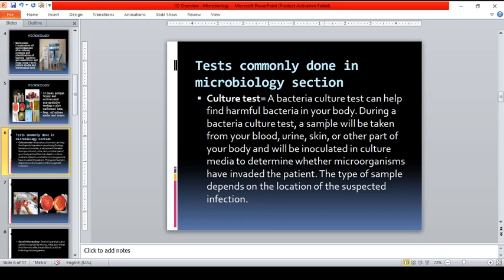Okay? Guys, it doesn't mean na kapag may nag-grow sa culture media, meron ka ng infection. There are cases wherein merong contamination na nangyayari, or there are cases wherein may growth siya pero hindi sufficient yung growth para sabihin merong infection. Okay?